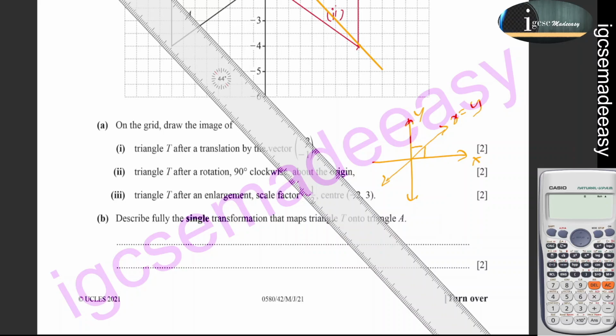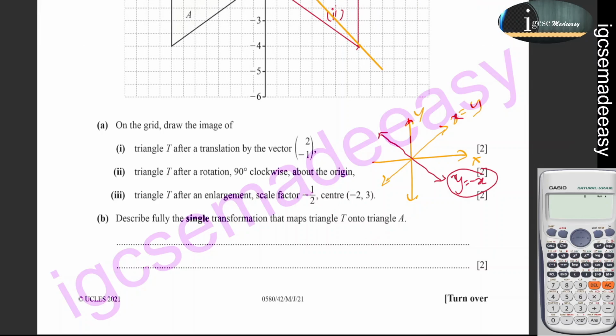But in the opposite case, like this, the line is going down, so we'll call it x equals minus y, or y equals minus x. So I'll call it y equals minus x, because it's coming down. If it goes up, we write x equals y, and if it comes down, y equals minus x.